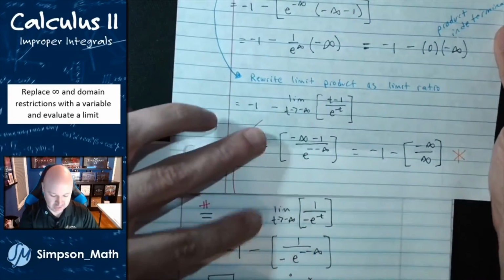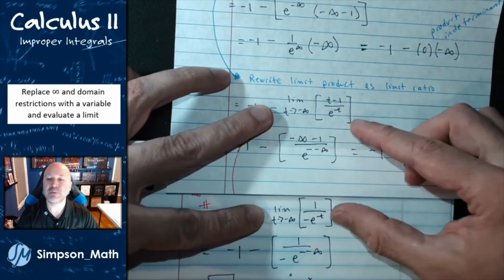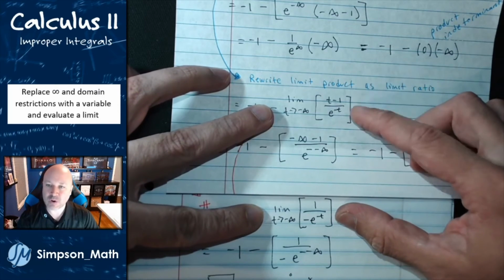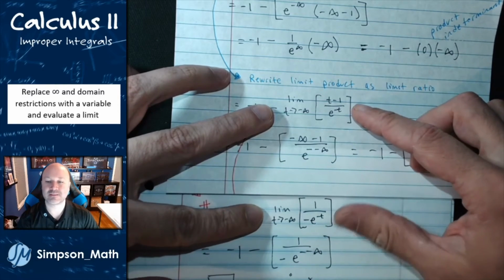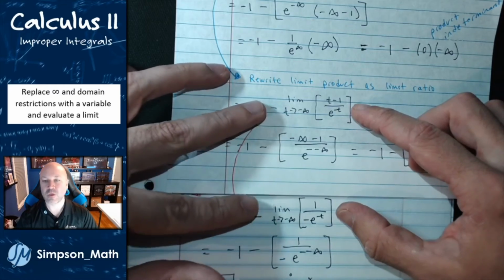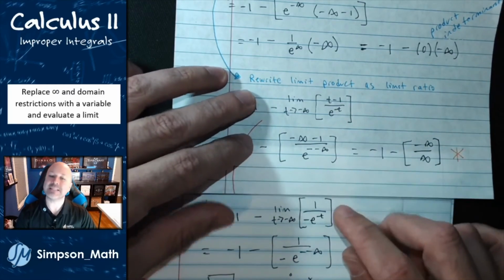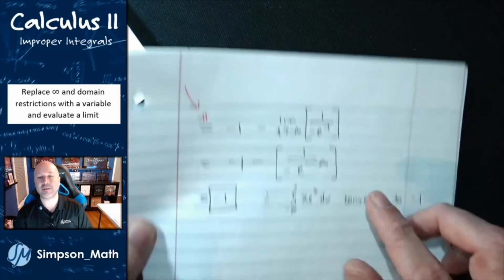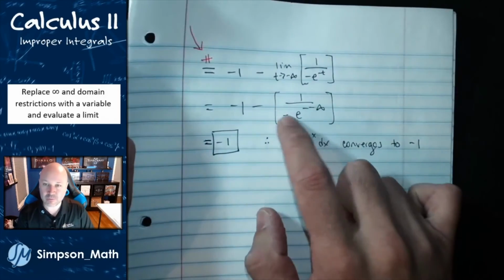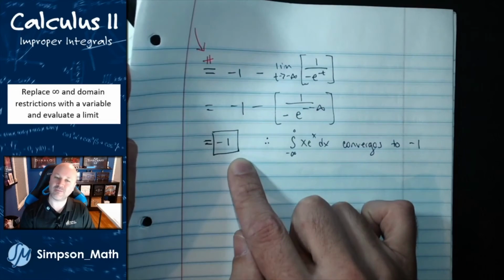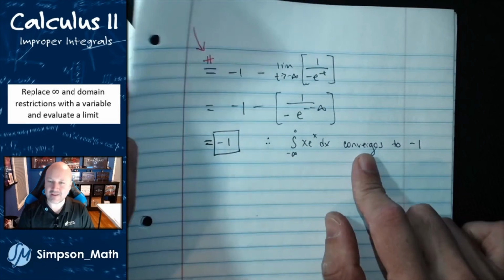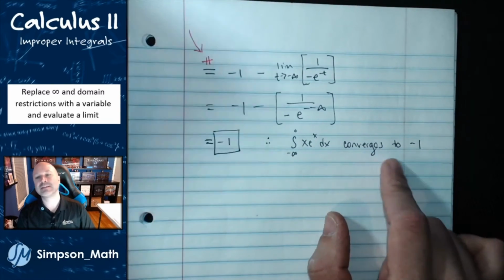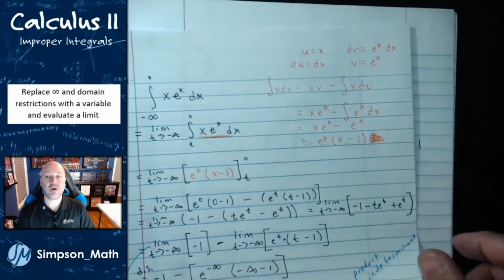These 2 limits are not the same. It's a completely separate product. But whatever that limit is, it's going to be equal to this. So says L'Hopital. Now looking at a new limit, when I direct substitute, it is doable. I get a number. It's going to 0. So I'm just going to end up with negative 1. That integral converges to negative 1.